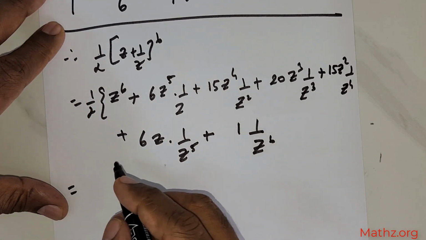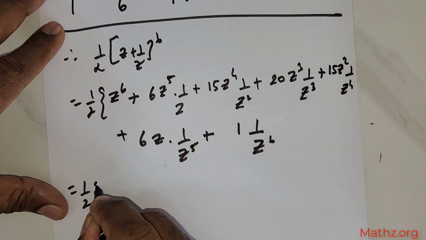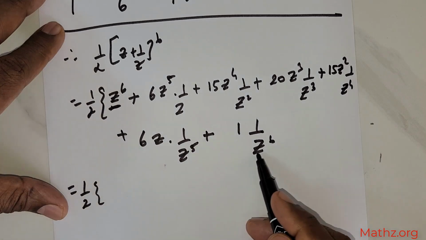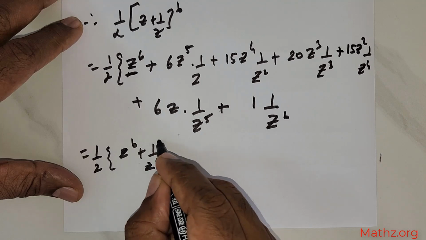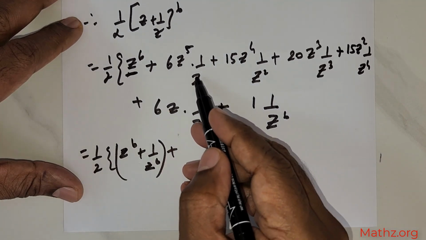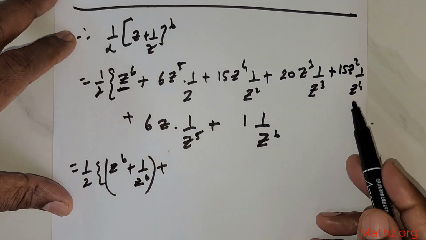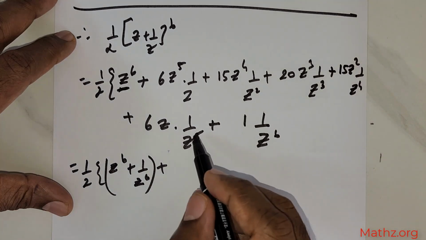So now what I wish to do is club these terms. So 1 over 2 times z power 6 plus 1 over z power 6. Where did we get z power 4? Over here.